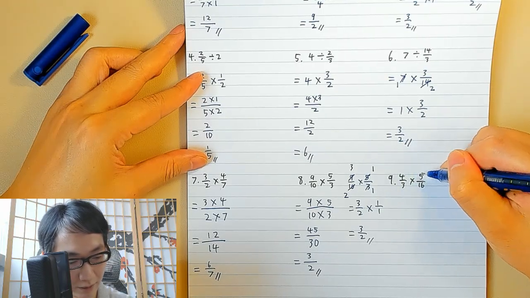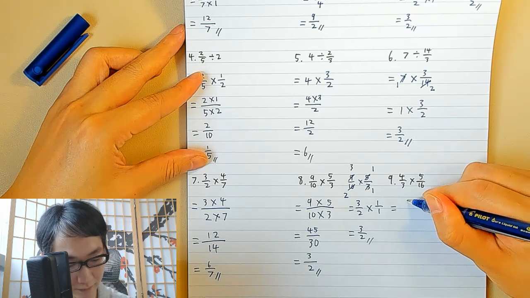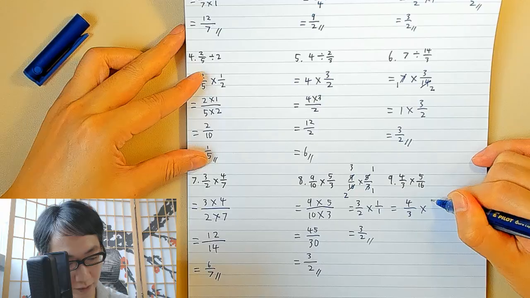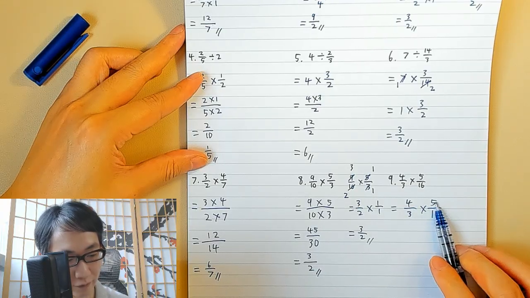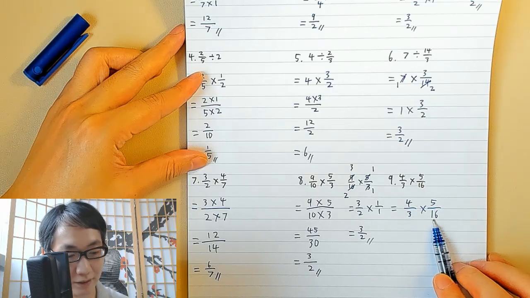And then number 9. So this is 4 plus 3 times 5 plus 16. So 3 and 5 have no common factor. 4 and 16, yes.